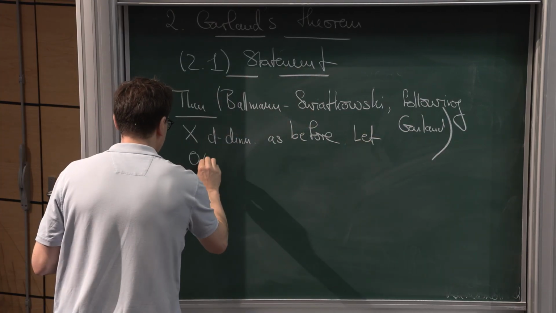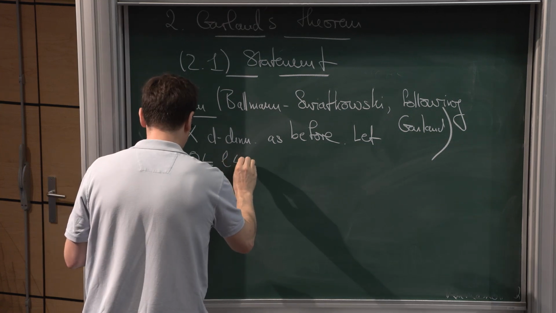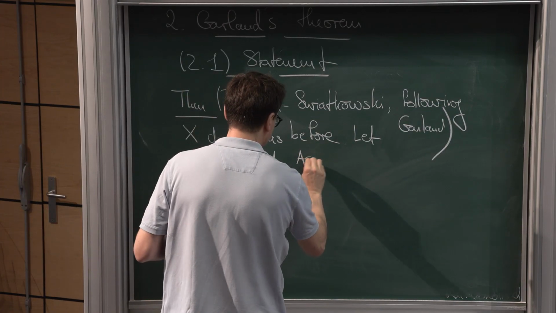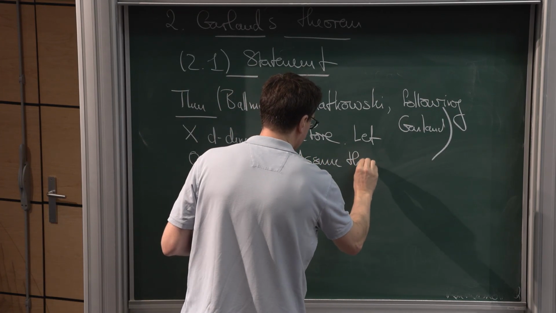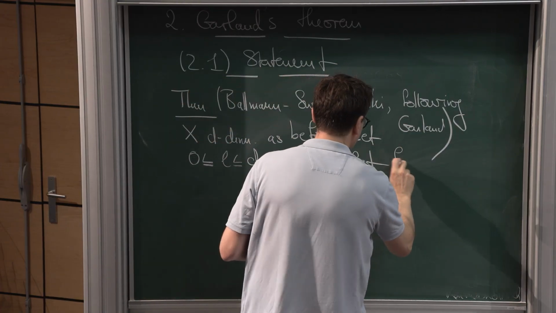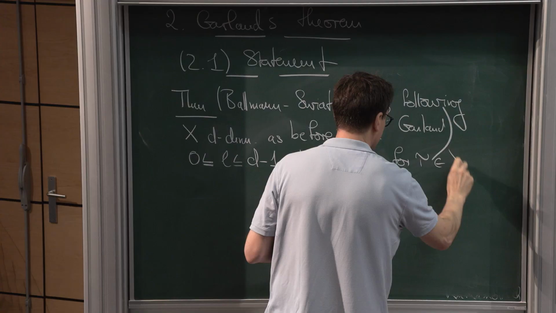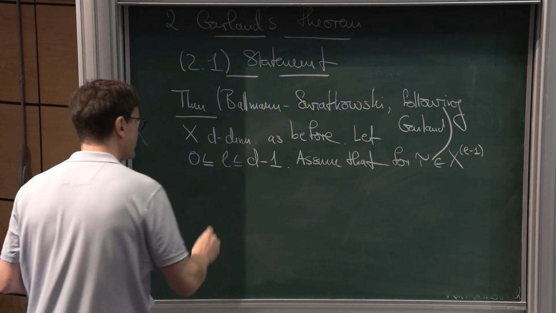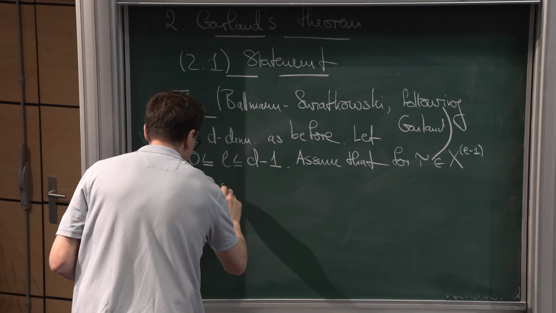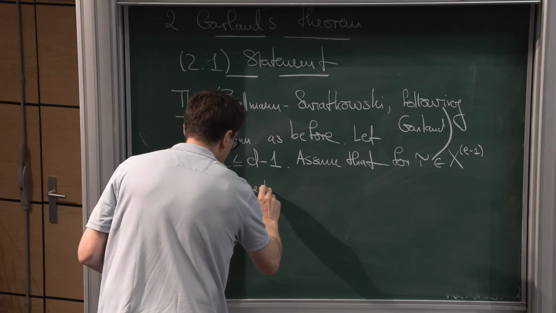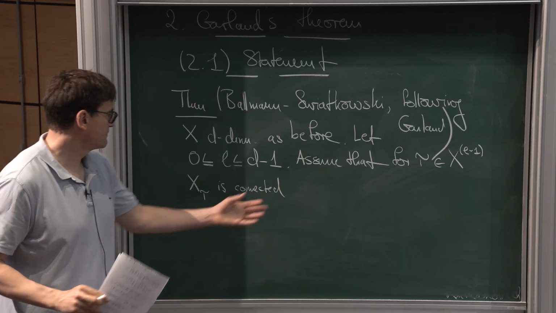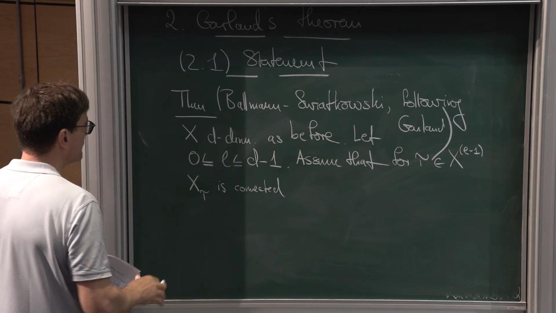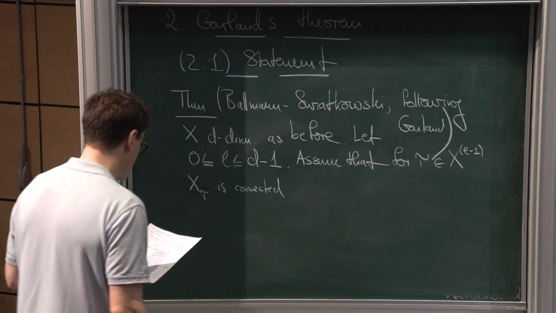Let the degree we're looking at be between 0 and d minus 1. And we want to assume that for every tau, now looking at L minus 1 simplices and looking at the links of those, the link is connected. That's actually also one of the reasons we don't go up to dimension d, because then we would just get points in the links, which are not connected. We want this connectivity for the argument.